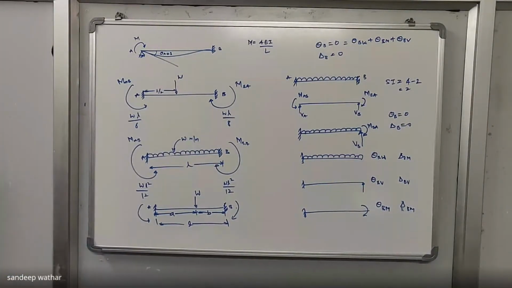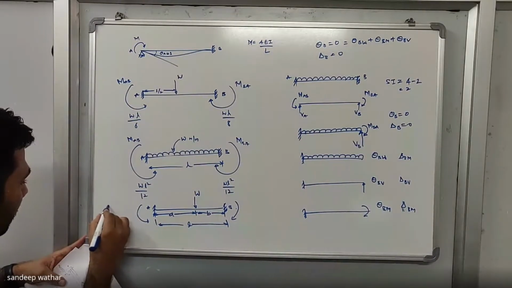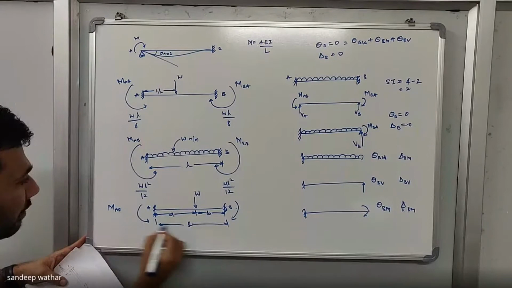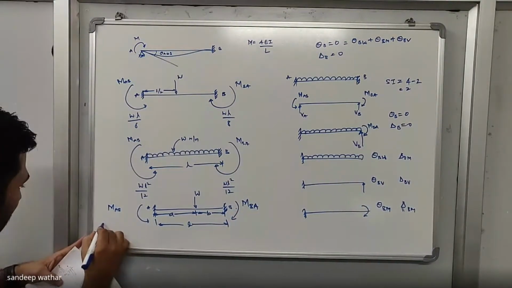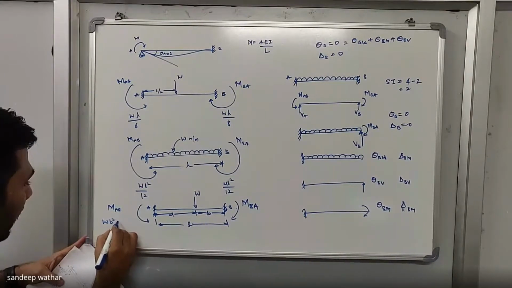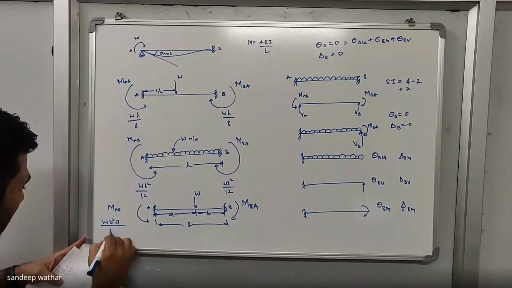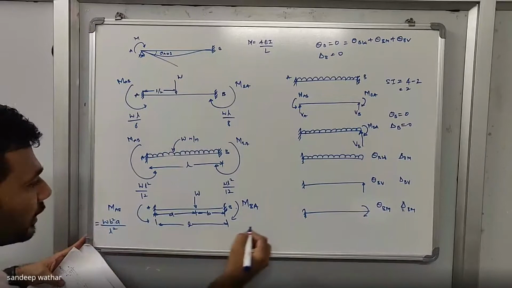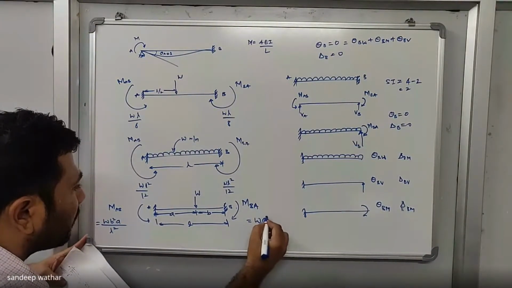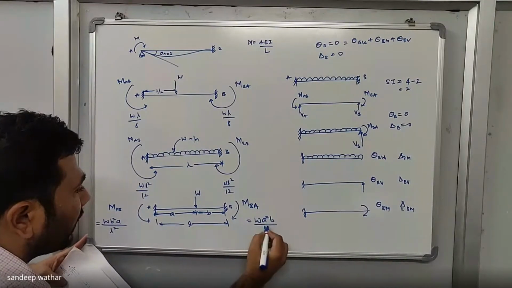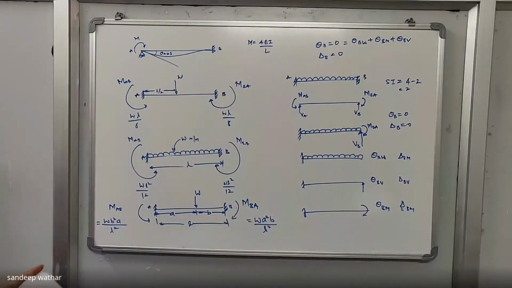The formula is like this. This we will call MAB, and we will call this MBA. This value will be equal to W B square into A divided by L square. And in this case, it will be W A square into B divided by L square.